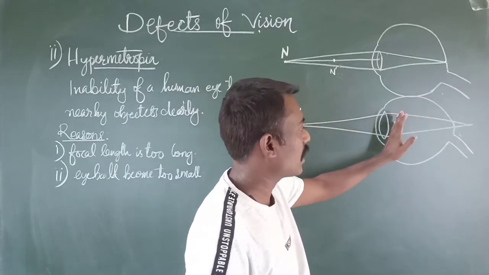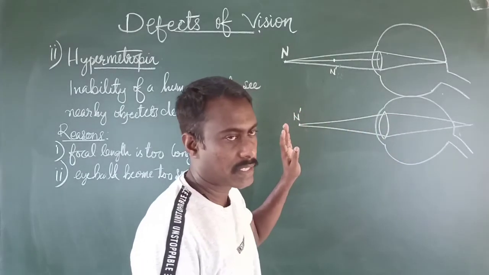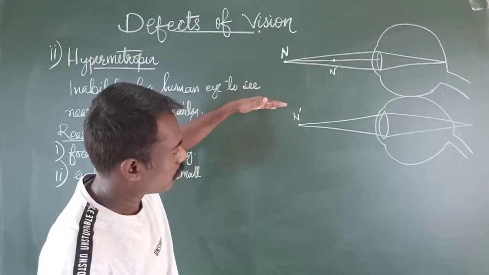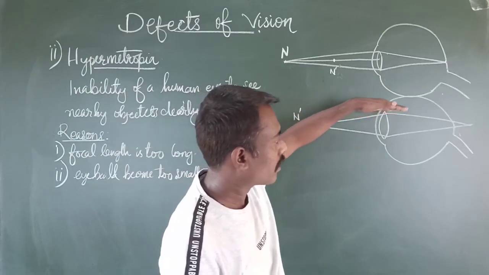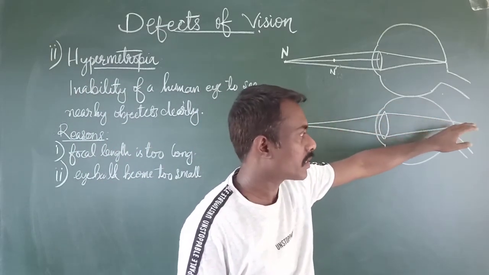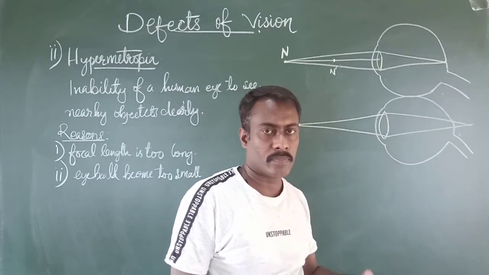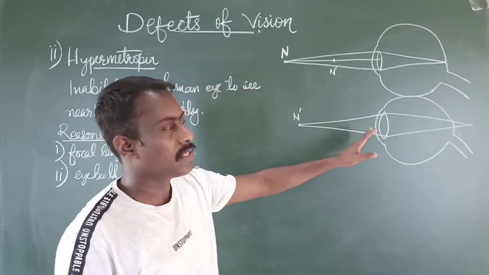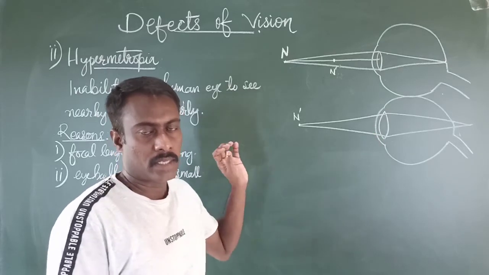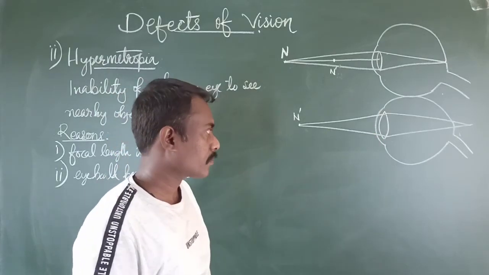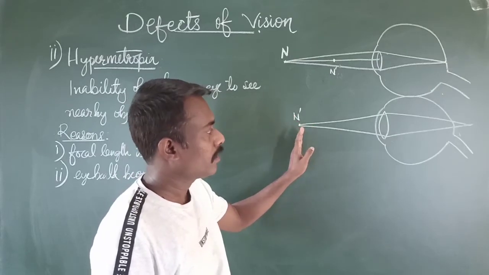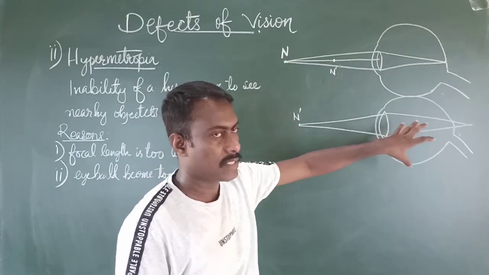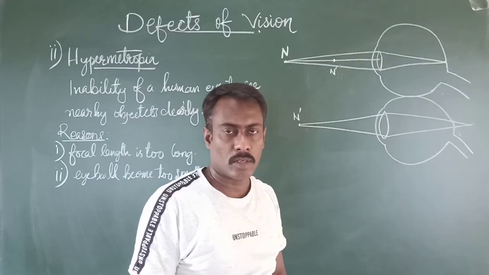Therefore the eye lens cannot see nearby objects clearly. But the light rays coming from far away objects can easily converge at a point on the retina so that a clear image can be obtained. So the eye is able to see distant objects clearly. But an object kept at a near point is unable to focus on the retina, so a clear image cannot be obtained.